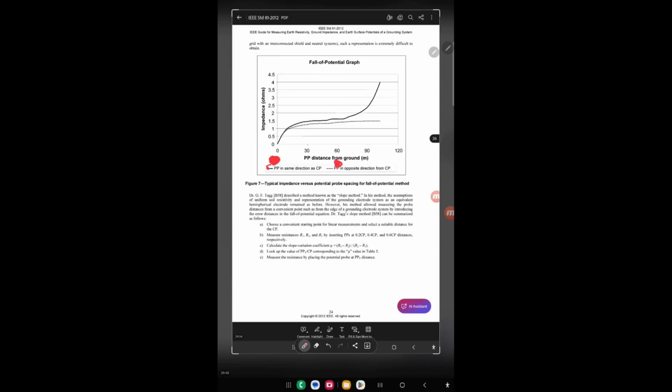The one that measures the voltage is this one. And the remote pin is this one. This graph tells me that if this pin is very close to the test point, it will give me lower values. And if this pin is very close to the remote, that is more than 62%, I will have higher readings or higher resistances, and I will reject the test.